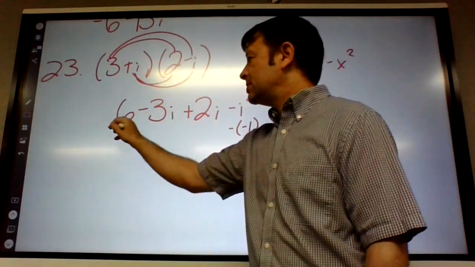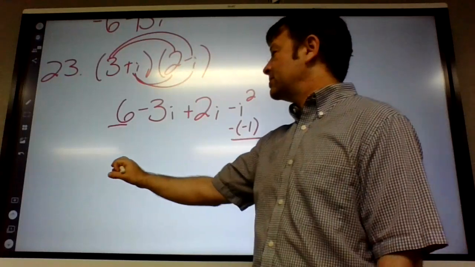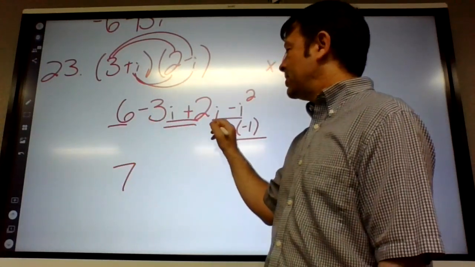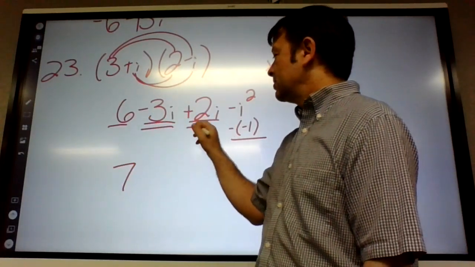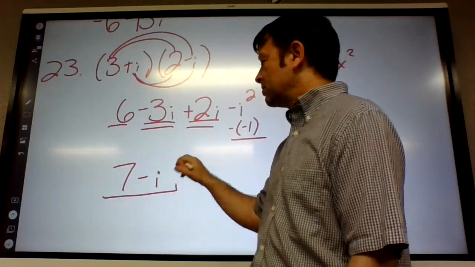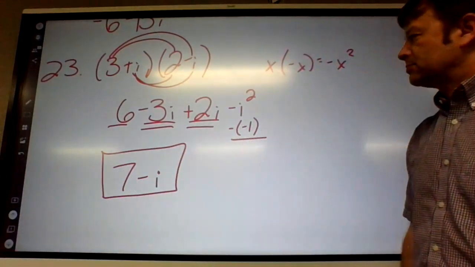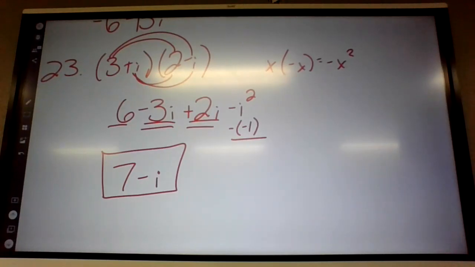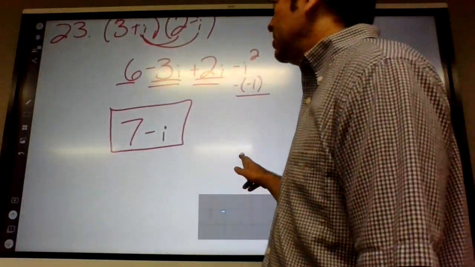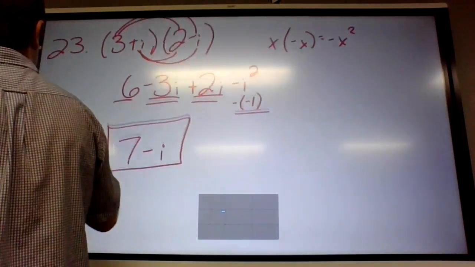So 6 plus 1 is 7. -3i plus 2i is -1i. So it's almost the same as FOIL, we just have to change i squared into a -1.